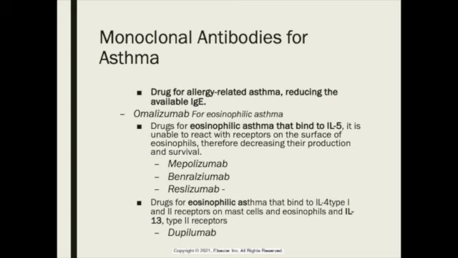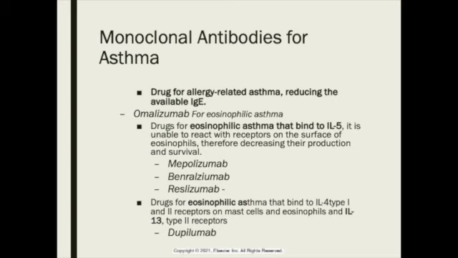Remembering that eosinophil activation promotes airway inflammation and bronchial hyperactivity, when these three drugs bind to interleukin 5, it's unable to react with the receptors on the surface of the eosinophils, and then it will decrease the production and the survival of the eosinophils, reducing asthma-type symptoms.